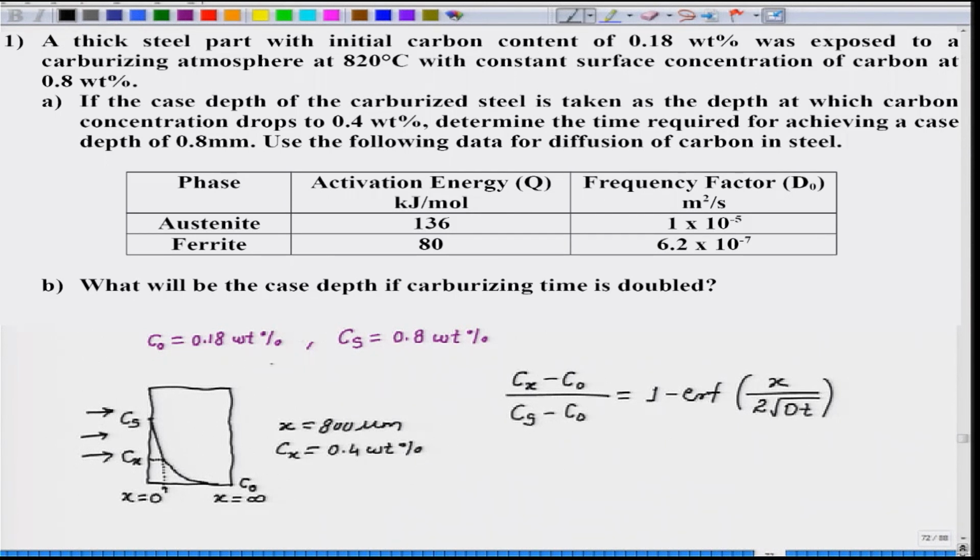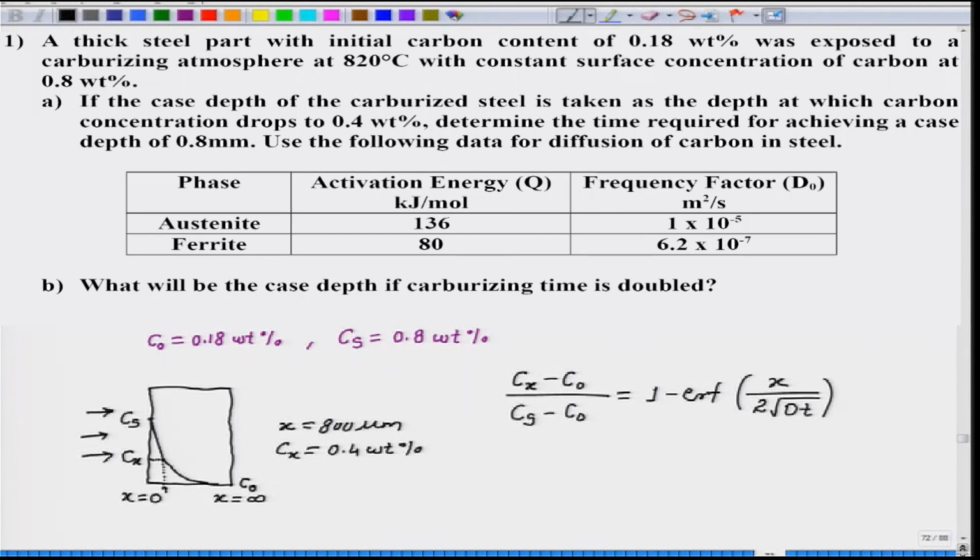So, we can straight away use the weight% as given, and on the right hand side we need to evaluate this error function term. X is given here, which is 800 micron, and for D we need to consider the interdiffusivity of carbon in steel.